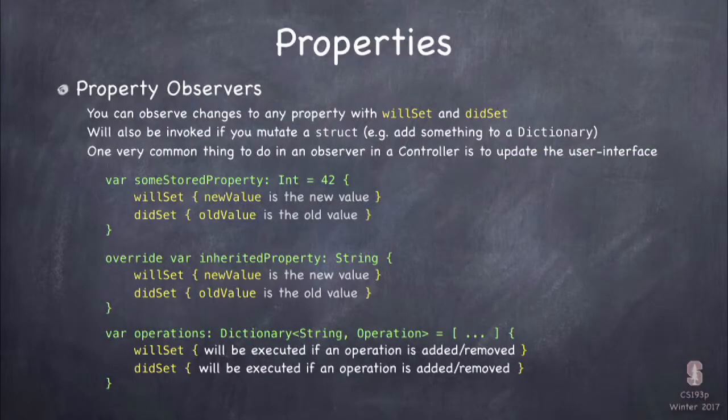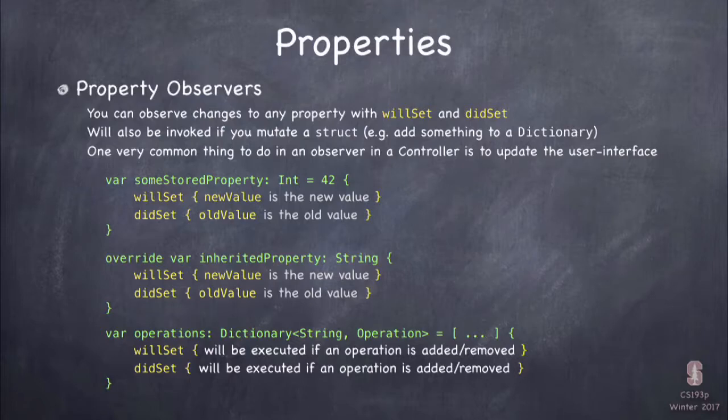And then didSet, that code is after some property has been set, and the special variable in there is oldValue. That's the value it used to have before it got set. So you can compare, for example, if they've changed. So where do we use these things? Probably the number one place we use them is in our controller and view.